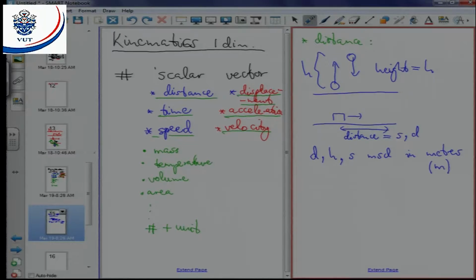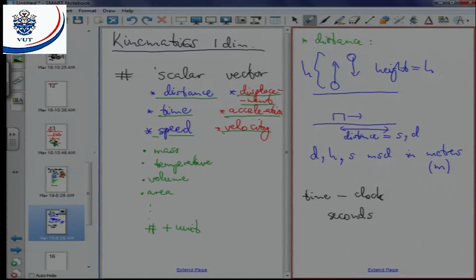And then the formula, well, before we speak of the formula, we also have time. So we also have time, and time is normally measured by a clock or an equivalent, and we measure time in seconds, so that's the SI unit.